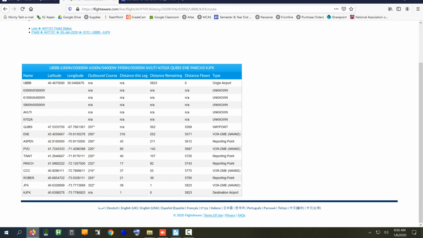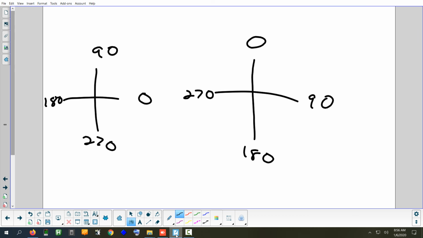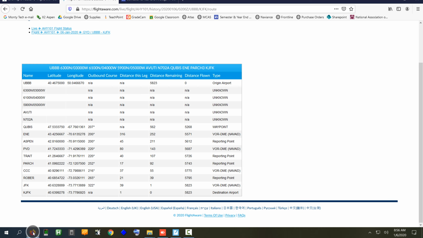So if we go back and look, a lot of these compass headings are between 200 and 300. Okay? 200 is kind of like this, 300 is kind of like this. So this plane is generally traveling west. Okay? That's the direction that it's pretty much going.